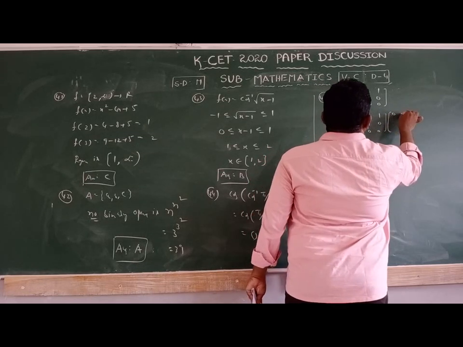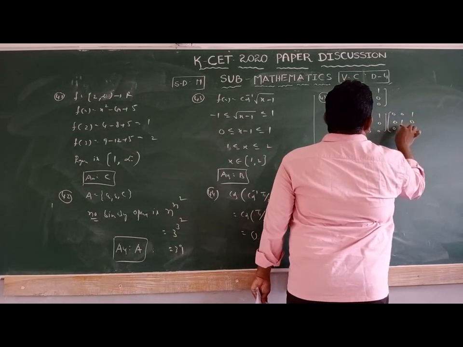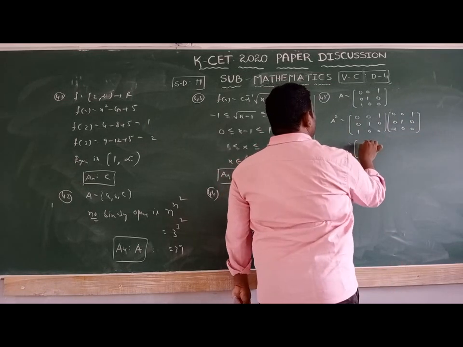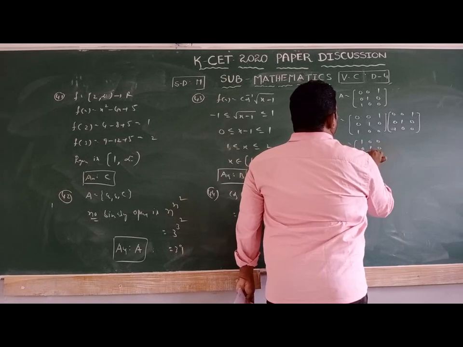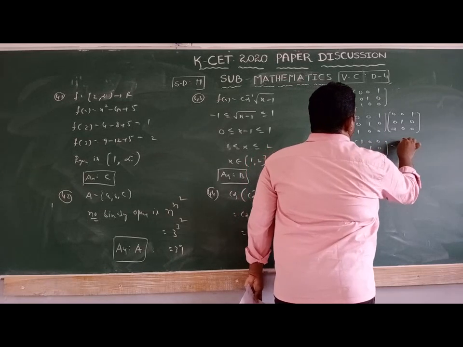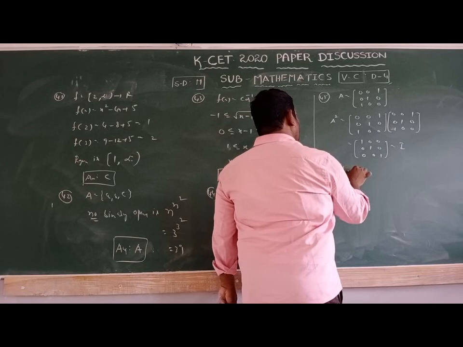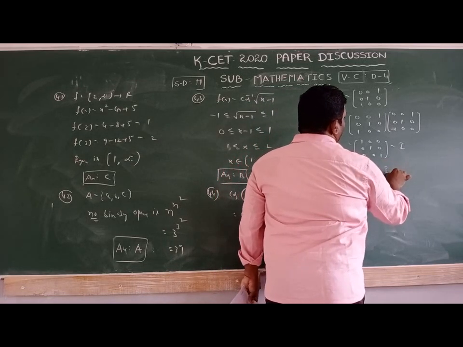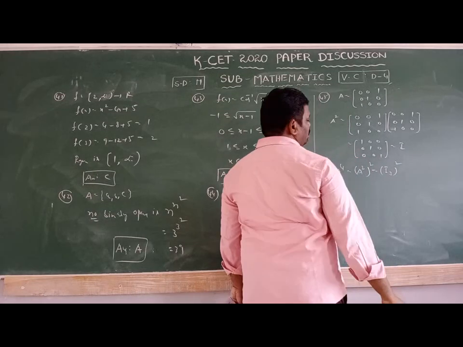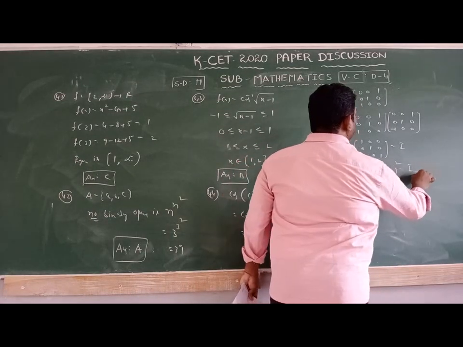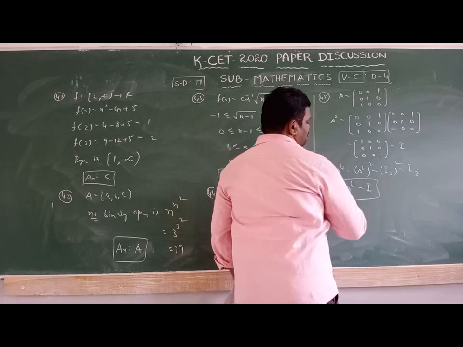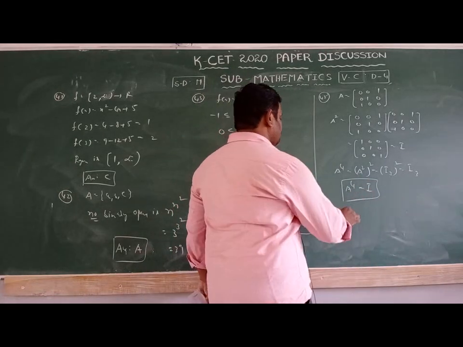Now A power 4: in this type of question, first find A square, multiplying the matrix by itself, and we get the unit matrix, the identity matrix I. Now A power 4 means A square whole square, that is I squared, which is nothing but I. Then A power 4 is equal to the identity matrix.